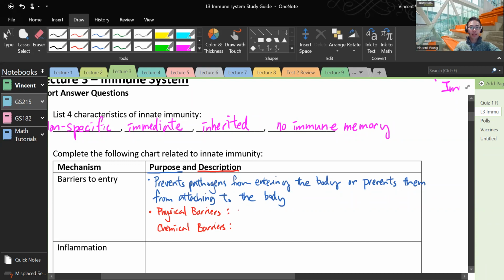Yep. We have skin, intact skin. Skin is no good if there are breaks in it. Wherever skin is not possible, like your eyelid, like your eyes, surface of the eyes, for example, we would have mucous membrane instead. Okay. Ciliated cells, yeah, that's another good one.